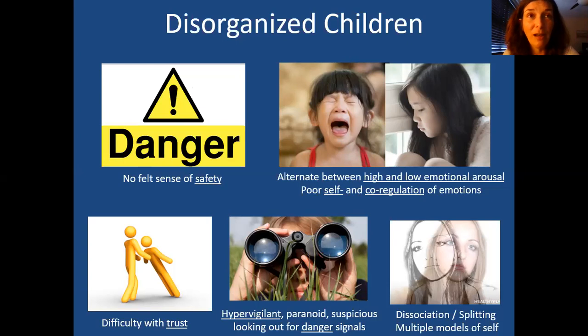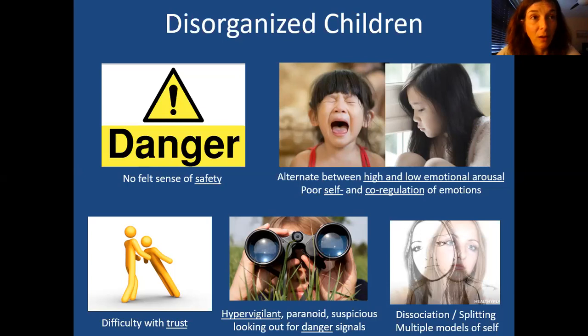So even if you're not actually in a dangerous situation now, you might always have this feeling that something is wrong or that something's threatening or that the other shoe's about to drop. That's like a procedural memory left over from the time when you truly were not safe in your household. So you need to do work now on establishing a sense of safety. We'll talk about that a little bit more later.